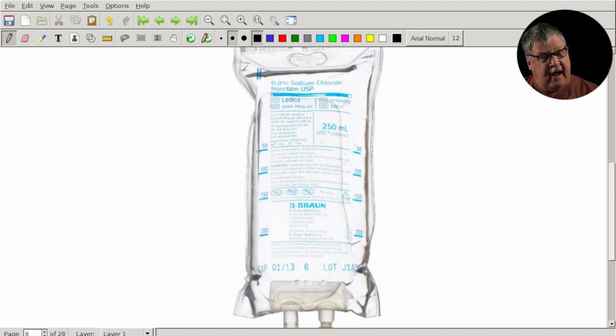All right, a standard IV bag. This is a D5W bag, which is kind of commonplace if IVs are given. Okay, there are of course other ones as well. But D5W means 5% mass volume dextrose, which is glucose, in water.